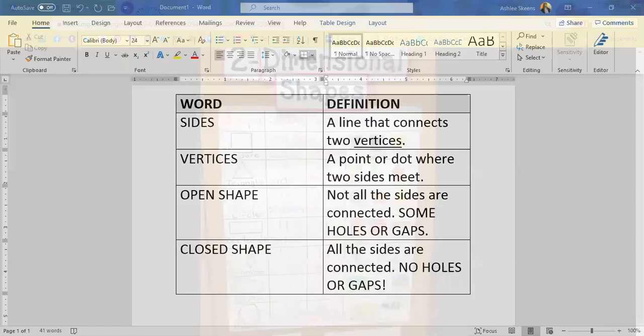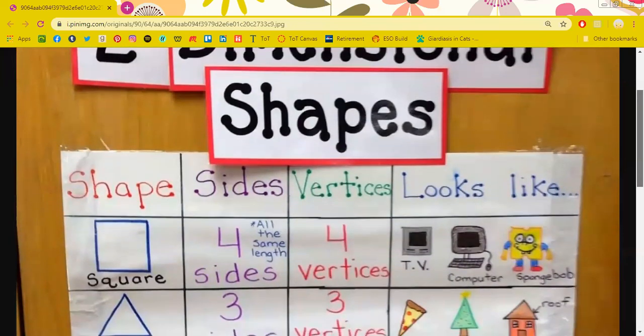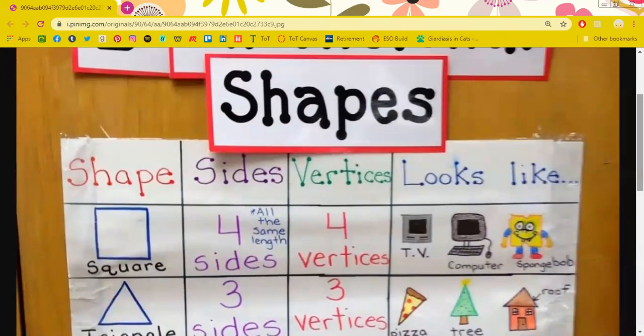So now let's go back to our shapes. And we're going to focus on one shape at a time. So first we're going to think about squares. And we want to stop and think, well, how many sides do our squares have?